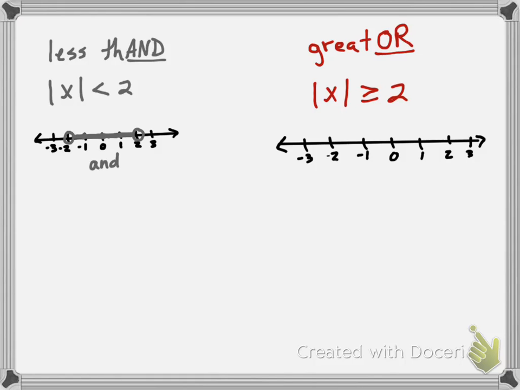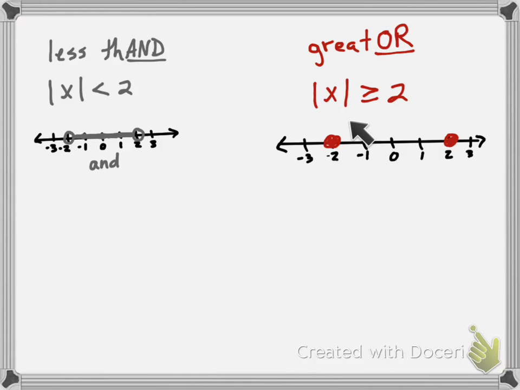Again, I have endpoints of 2 because I need the absolute value of x to be 2 or greater than 2. So that means my two endpoints are negative 2 and 2. Except this time I need the absolute value to be bigger than 2, or it can be equal. So the only thing the or equal to changes is I make those 2 points closed this time.